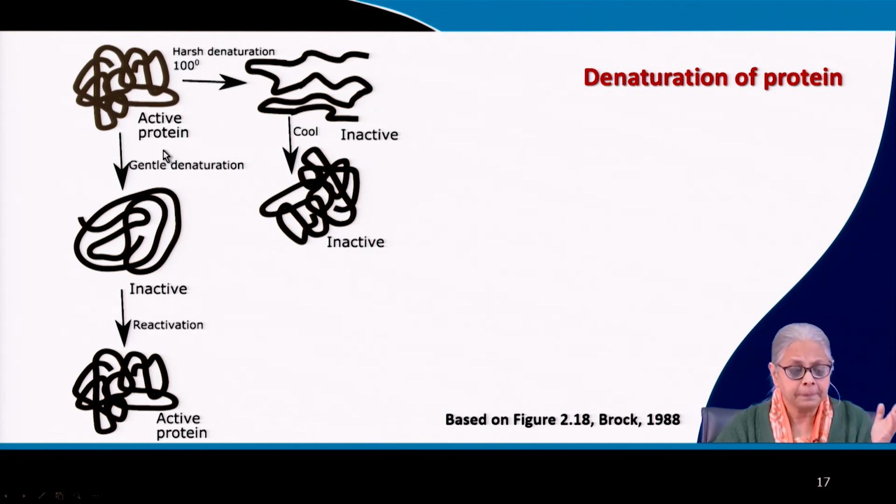If you apply a gentle denaturation agent like mild heat, blow drying your hair is mild heat. Oil or gel is again a mild chemical that you're applying and setting your hair in a particular fashion. When it's gentle denaturation, it will change the structure and the fold. It will become inactive, but then when you remove that factor, wash it out, it'll go right back to its original form.